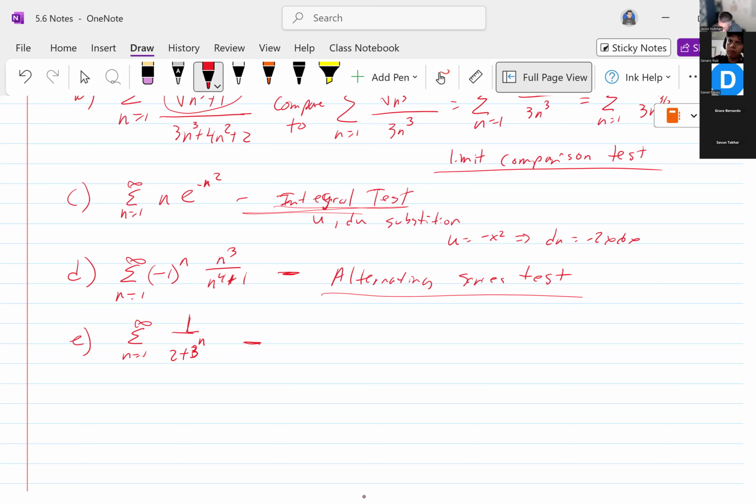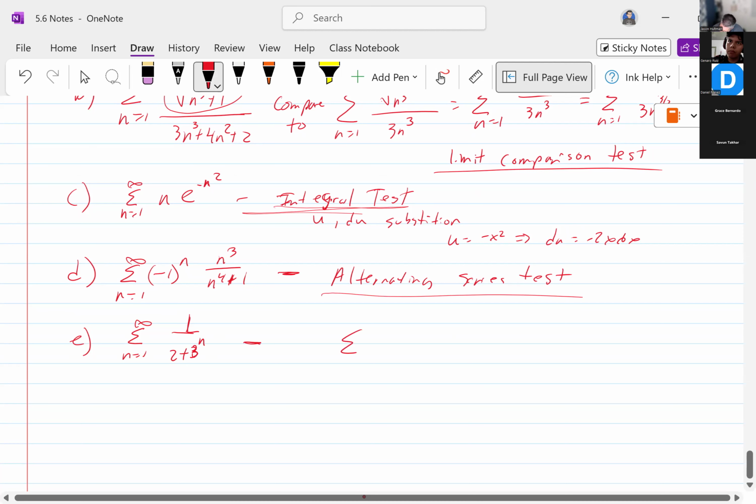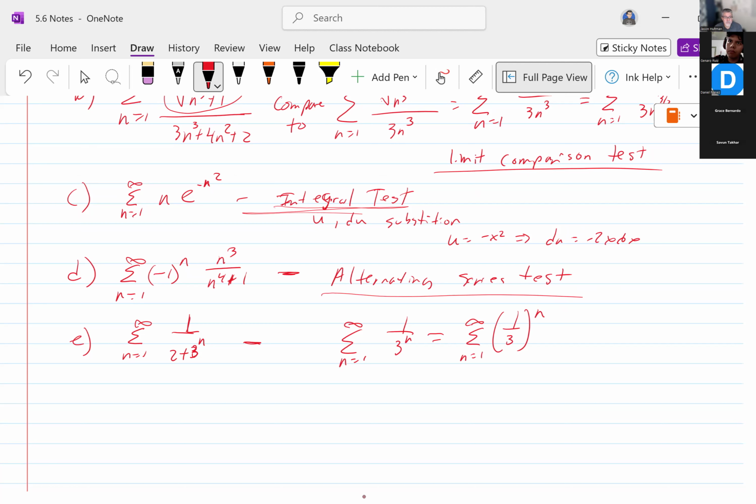Okay, well, if I get rid of the plus 2 here, I get another series, which looks like this, 1 over 3 to the nth power. Okay, that looks very similar to this, n equals 1 to infinity of 1 over 3 to the nth power. Okay, I could use a root test on this if I really wanted to, and then compare that to the original.